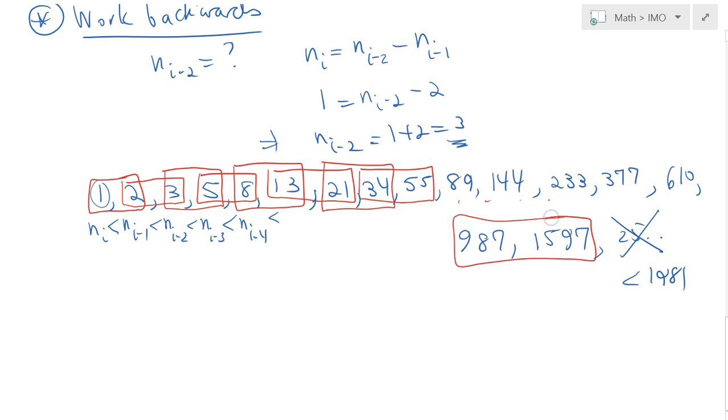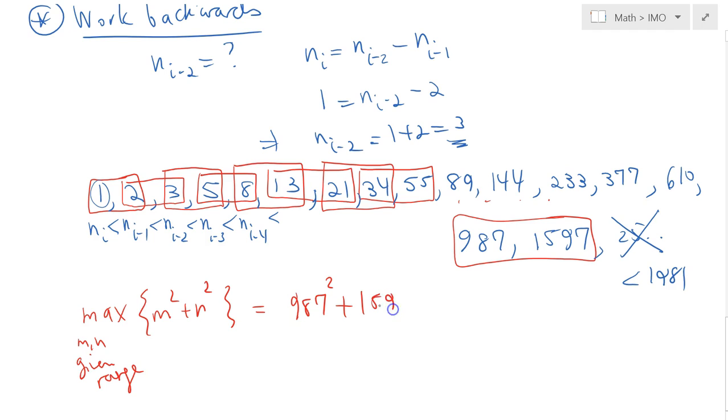Eventually, this is the largest in the given range that would work out. So therefore, the maximum value of m squared plus n squared, for m, n in the given range, is simply equal to 987 squared plus 1597 squared, and that solves the problem.